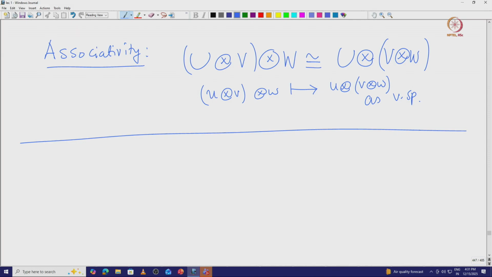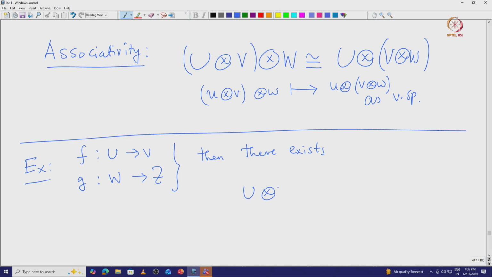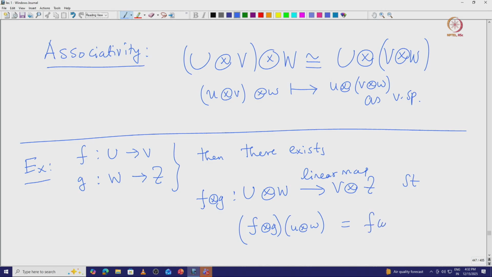So, here is a simple exercise. Given, let us say, two maps F from U to V and G from W to Z, from this we can prove that there exists a linear map from the tensor product U tensor W to V tensor Z. Let us call that linear map F tensor G, such that F tensor G on the simple tensor U tensor W is mapped to F of U tensor G of W. Okay.